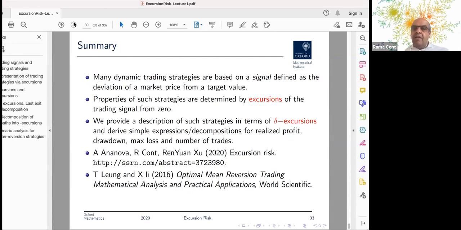What we need is really a global description of the signal in terms of these delta excursions. If you give me the decomposition in terms of delta excursions, I give you anything you want. And luckily this delta excursion decomposition is unique. It always exists. So if I get my hands on that, then everything is easy. I can compute all these path dependent things trivially, really.